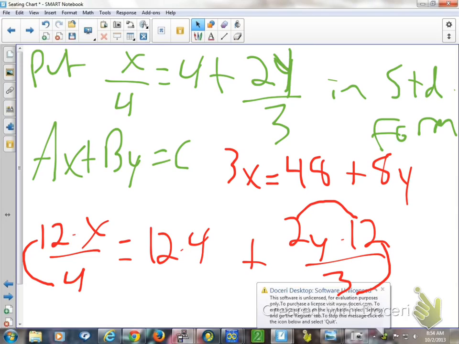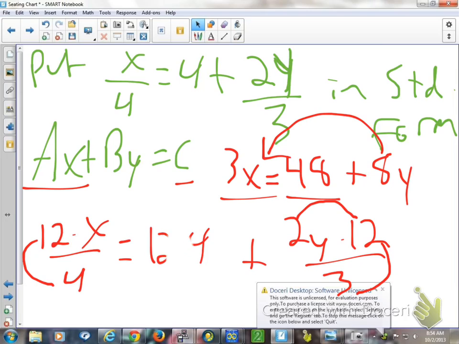There we go. Now we're not done yet. It's not quite in standard form, but if you had just multiplied everything by 12, that's what you would have gotten. To put it in standard form, which piece do I have to move over to the other side? Y, yeah. The C is where it's supposed to be. The x's are where they're supposed to be, but I need the y to come over here. So what do I have to do? Subtract it.